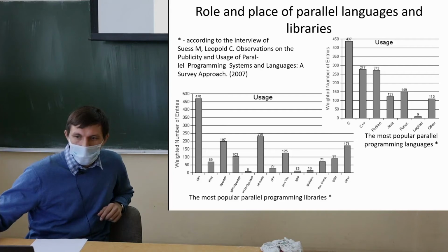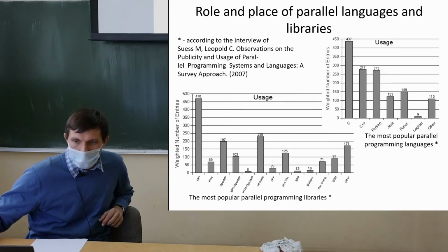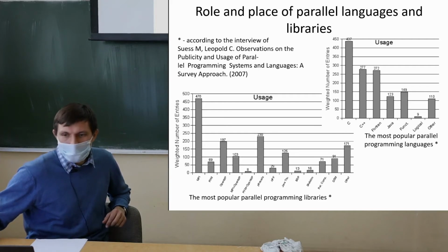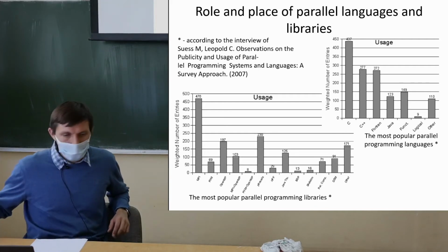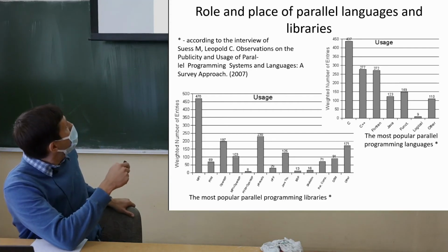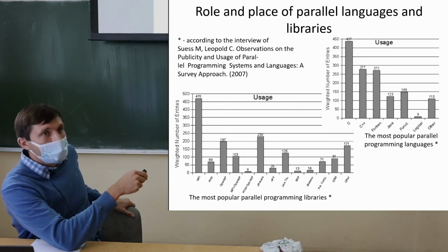And about parallel libraries, MPI is first. You can't see my mouse. Okay. MPI, with C, C++, and Fortran. So we can deal with C or C++, it's up to you.